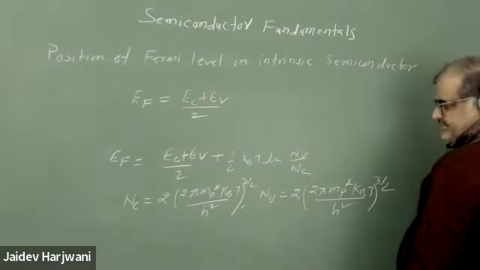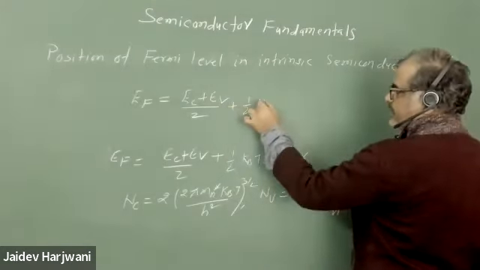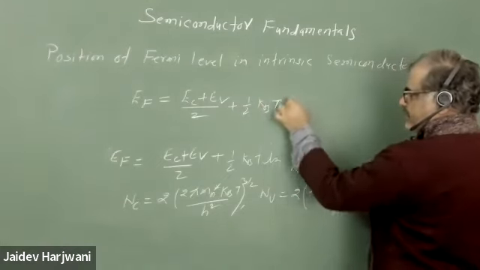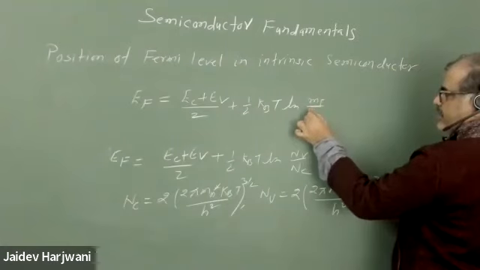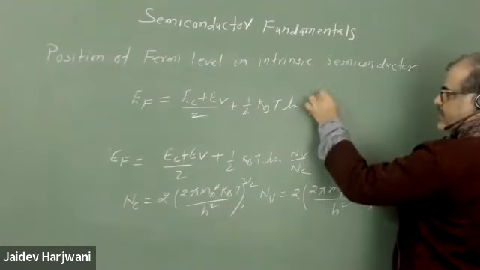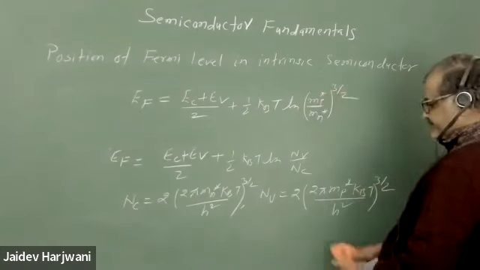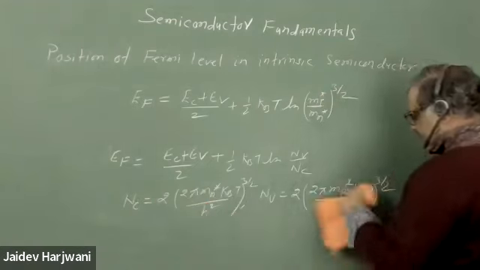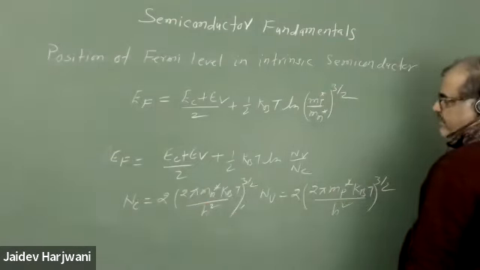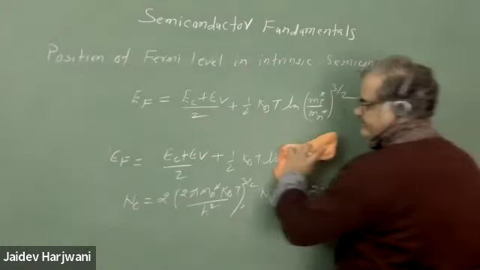And if I put the value here, I get half kBT ln (mp upon mn star) power 3 by 2. Everything will cancel: 2 pi kBT h square, everything cancels, and only mp power 3 by 2 and mn power 3 by 2 will be left.